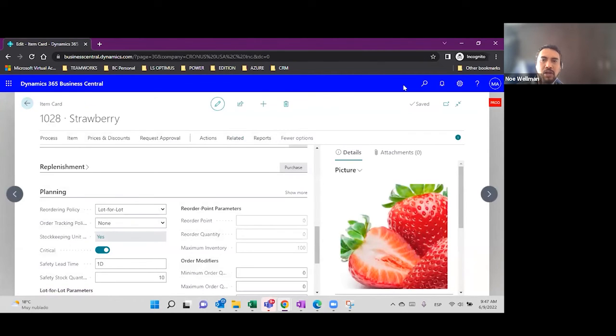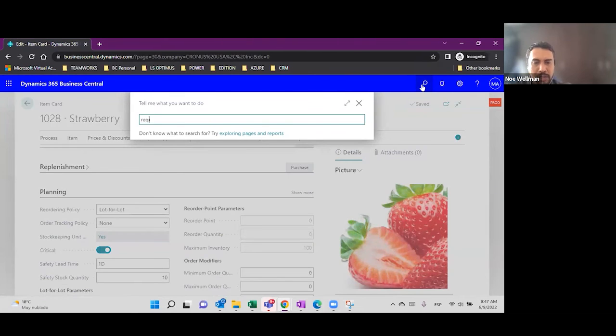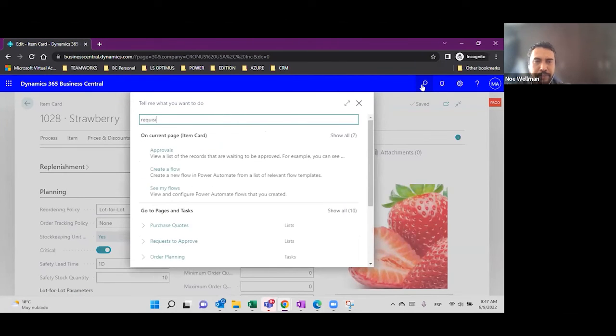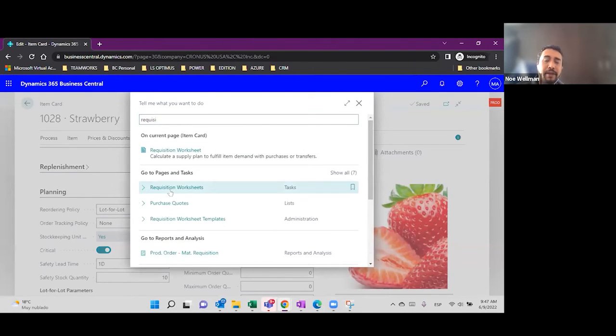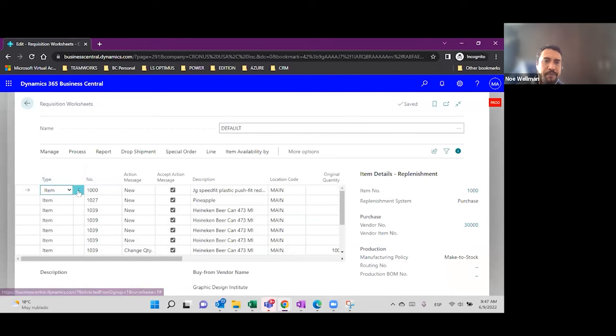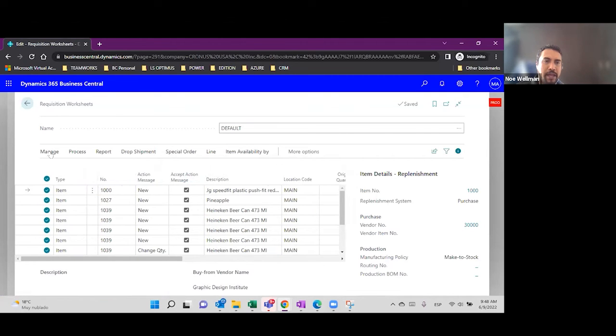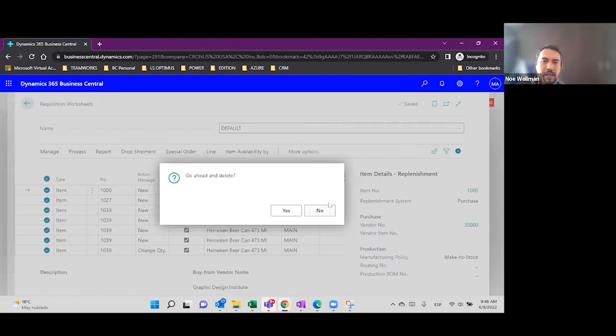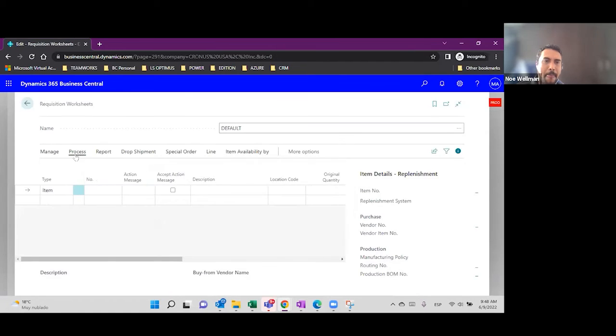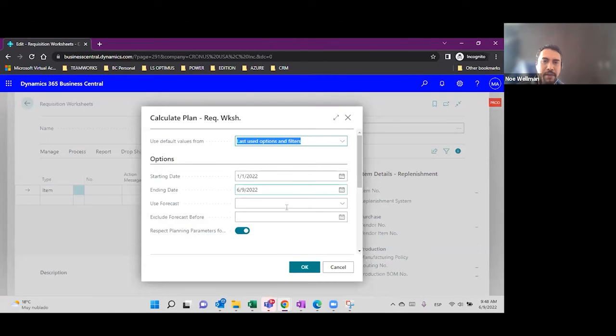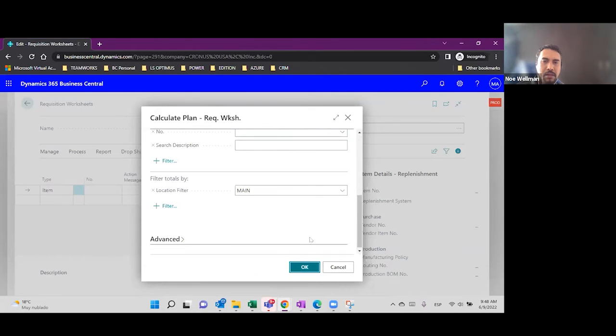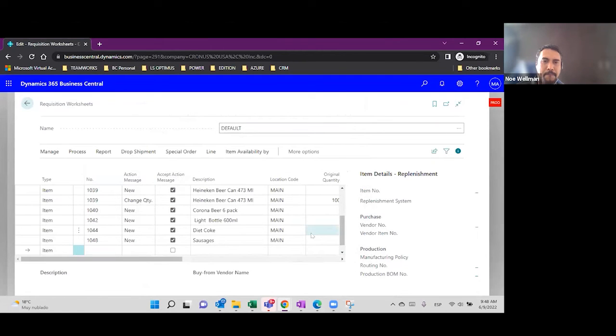So let me just come back to my requisition worksheet, and let me run my calculation of the plan again. Here it is.